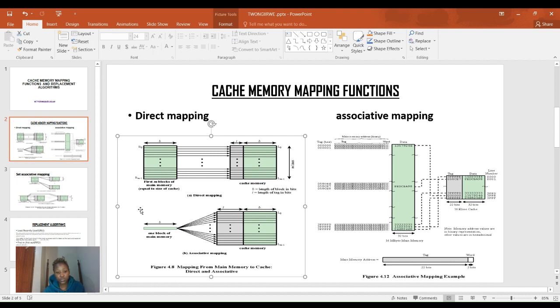One block can be mapped into different cache lines, so it is much more flexible compared to direct mapping, where it has to be one block, one line. In associative mapping, the main memory address has to be in binary, and the other data can be in hexadecimal.